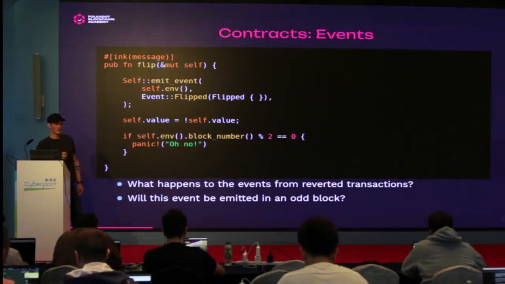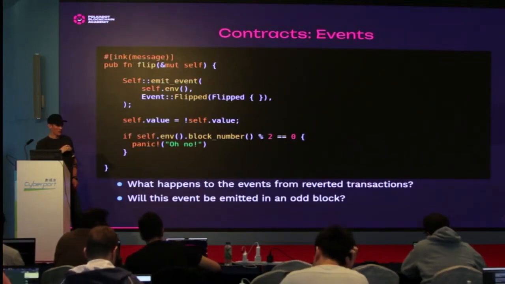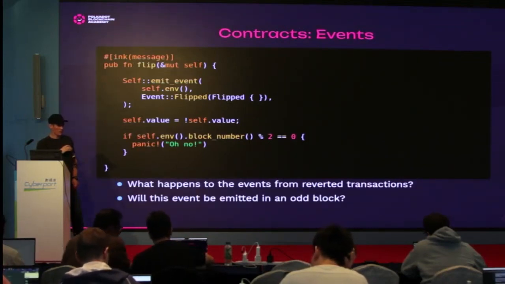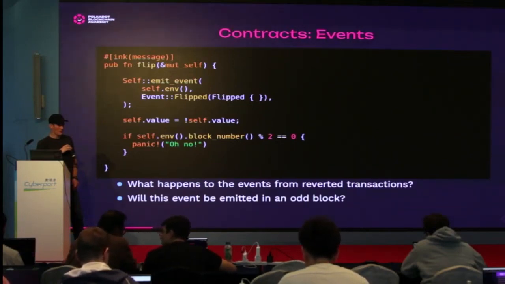So what exactly is the difference between emitting an event in the constructor and here in the message? Are you asking whether you can emit an event in a constructor of a contract? No, you can, it's perfectly fine.